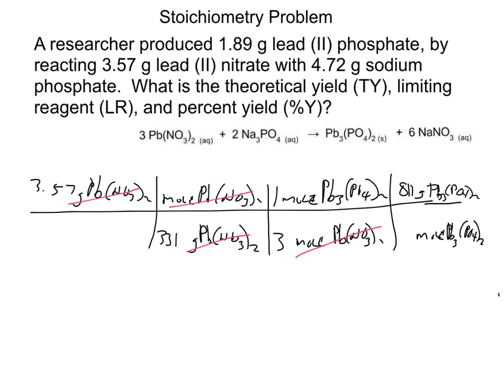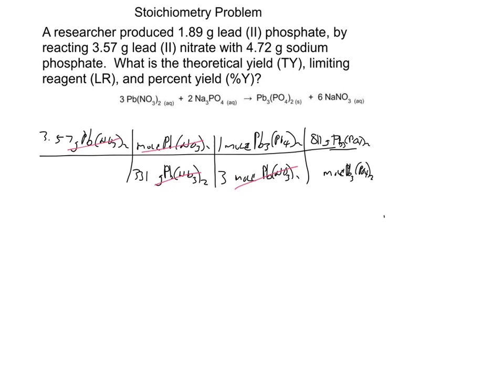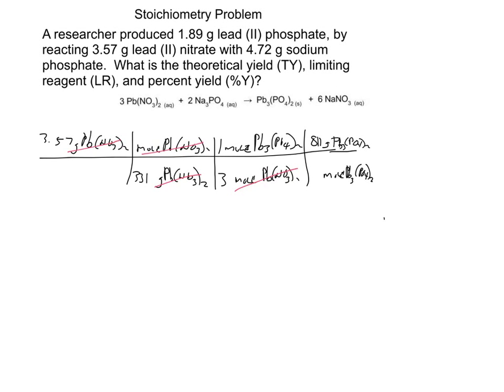Okay, let's make this a little smaller, move it over to the side. Let's cross cancel the lead phosphate moles and give you the numerical answer of 2.92 grams lead phosphate.